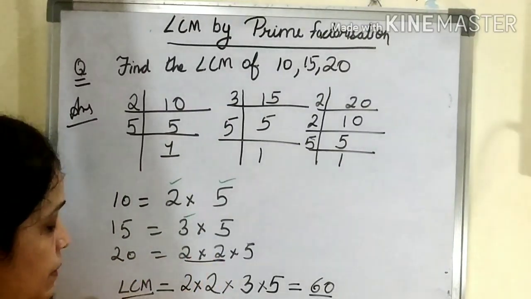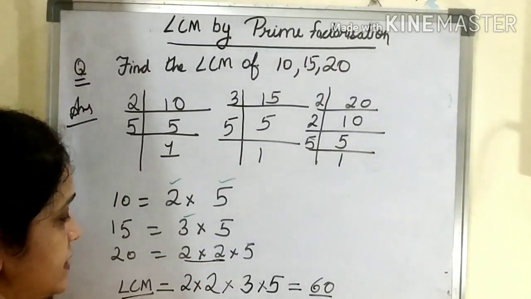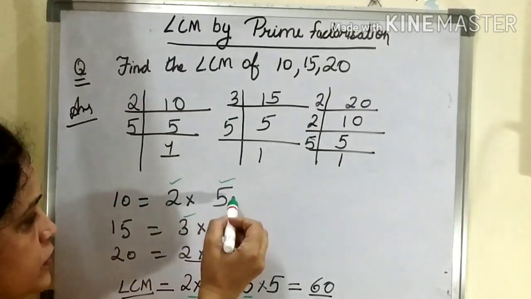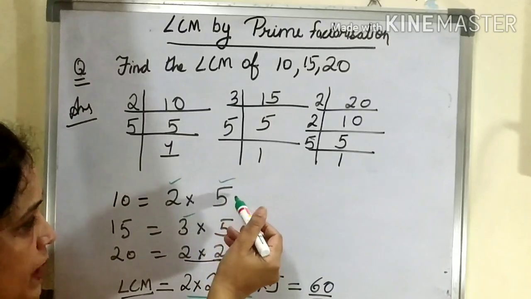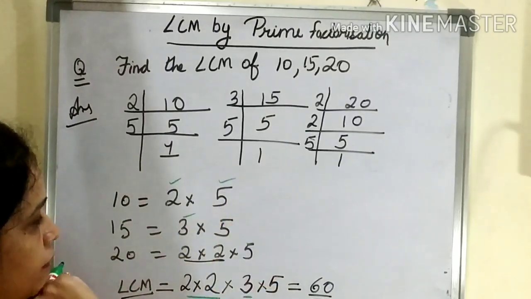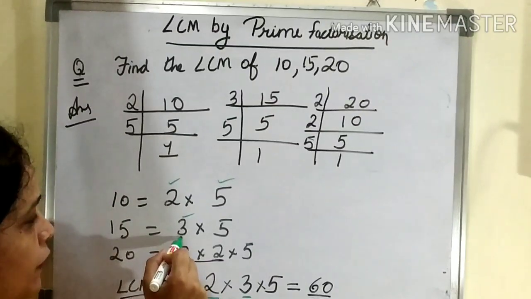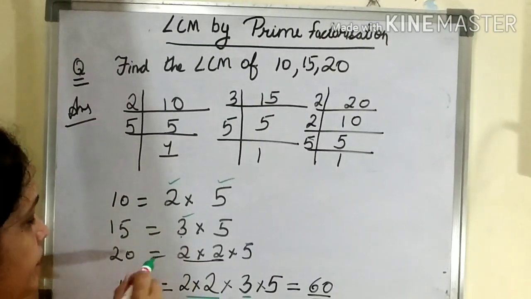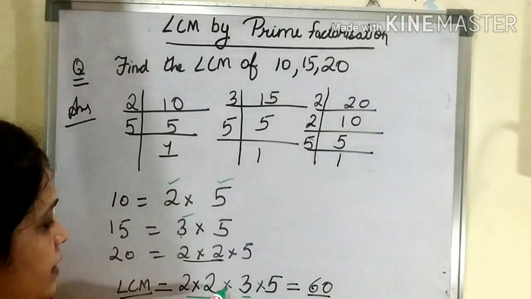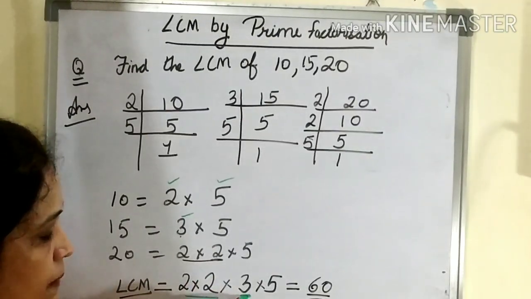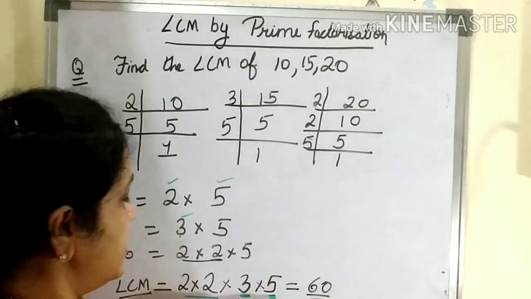That means the maximum number of times it came is twice, so we will consider twice. Now 3: there is no prime factor of 3 when we find it for 10. Then 3 is there when we find the prime factorization of 15. Here we are not getting 3. So once it appeared, we will take this prime factor 3 once. Then see 5.